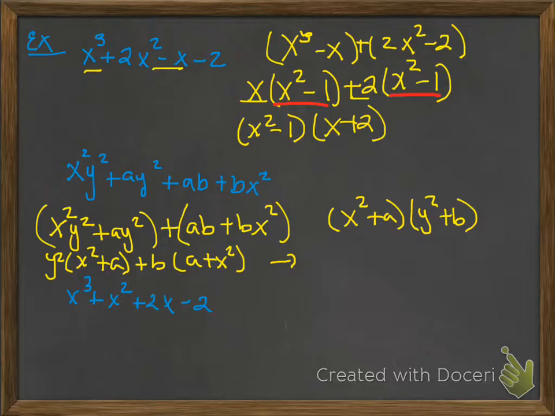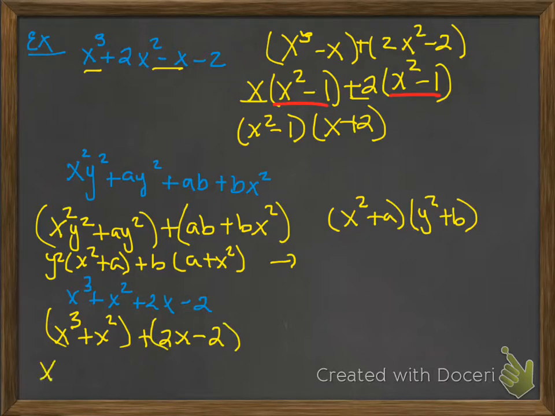Alright, and the last one, let's do it by grouping the first and the last. So x cubed plus x squared plus 2x minus 2.